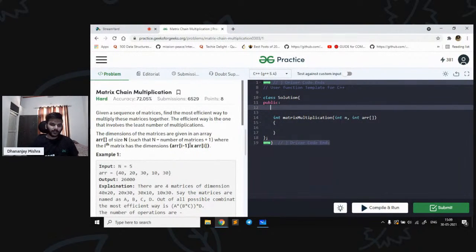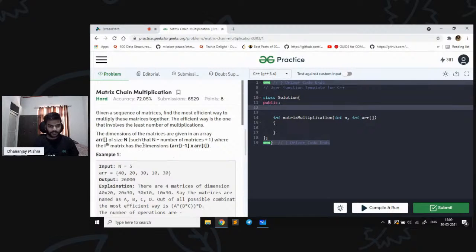how these matrices are denoted in the form of an array, right? So it said that we are given a sequence of matrices. So they are given a linear one-dimensional array, right? And the matrices are denoted in that. So by having a first look at this, anyone will not be able to understand how the matrices are denoted, right? So they have defined a particular rule for defining a single matrix.